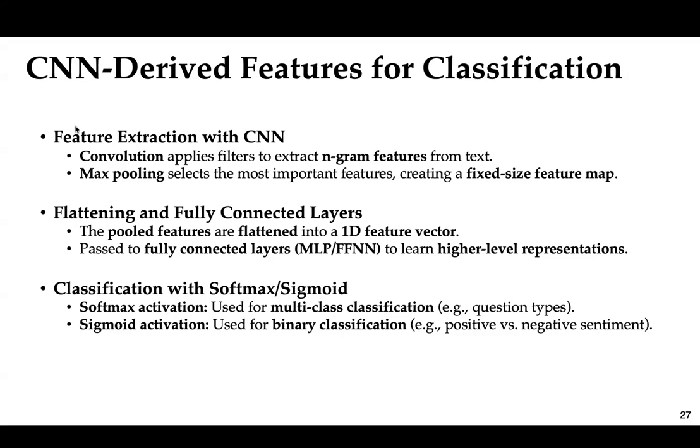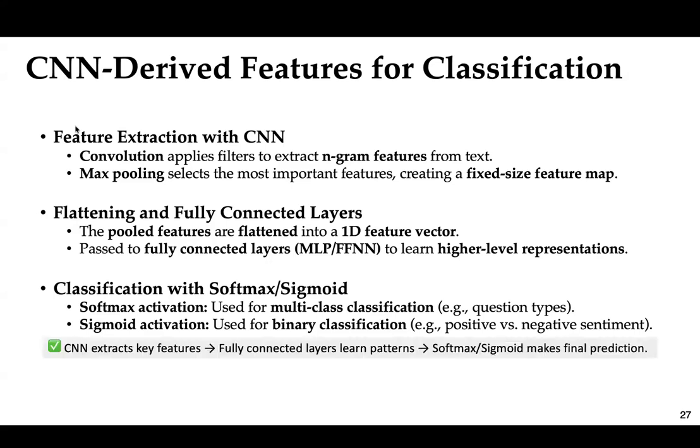This was the initial representation, cheap and dirty, and you want a better one, and then you put it in your classifier. The classifier could be just a random forest classifier, or a sigmoid or softmax or whatnot. The softmax activation is used for multi-class, and the sigmoid is used for binary classification, like positive, negative, or this one is going to be a question type or entity type or whatnot.